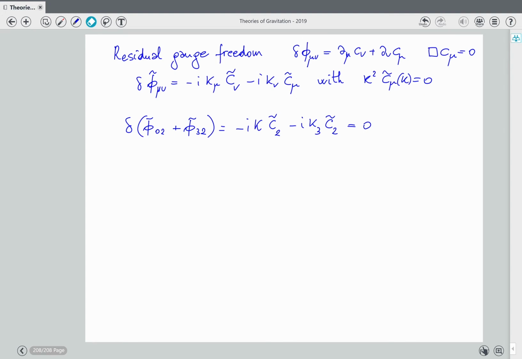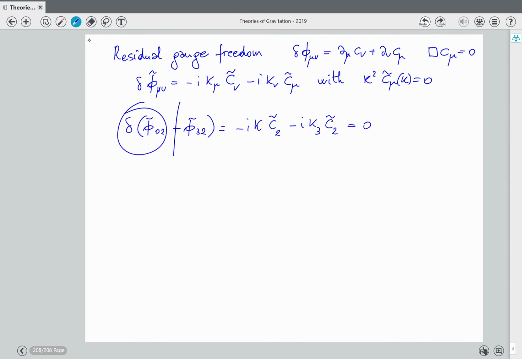But now we can use this freedom here to impose extra conditions. Because this is invariant, but this is not. And if this is not, we can impose this equals 0, which will always also impose that equals 0 by the previous condition.